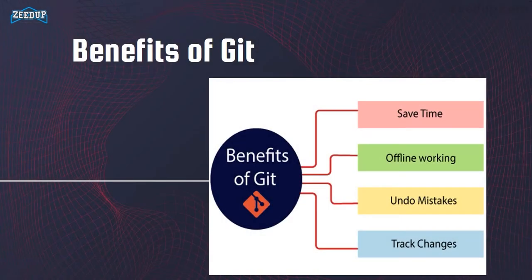If we talk about the benefits of Git, the first benefit is that it saves time. We know that one of Git's greatest strengths is its speed. Each and every operation or command that you give on Git takes only a few seconds to execute, so we can save a hell of a lot of time if we are working with Git.